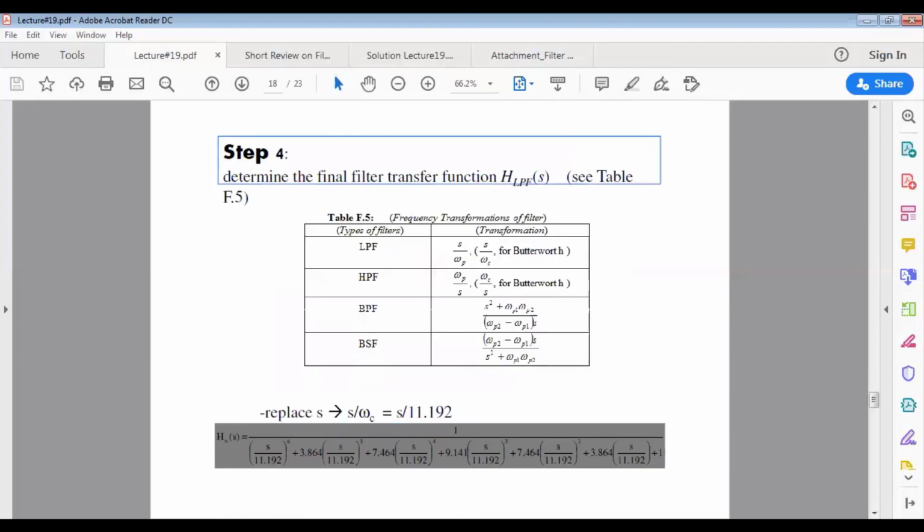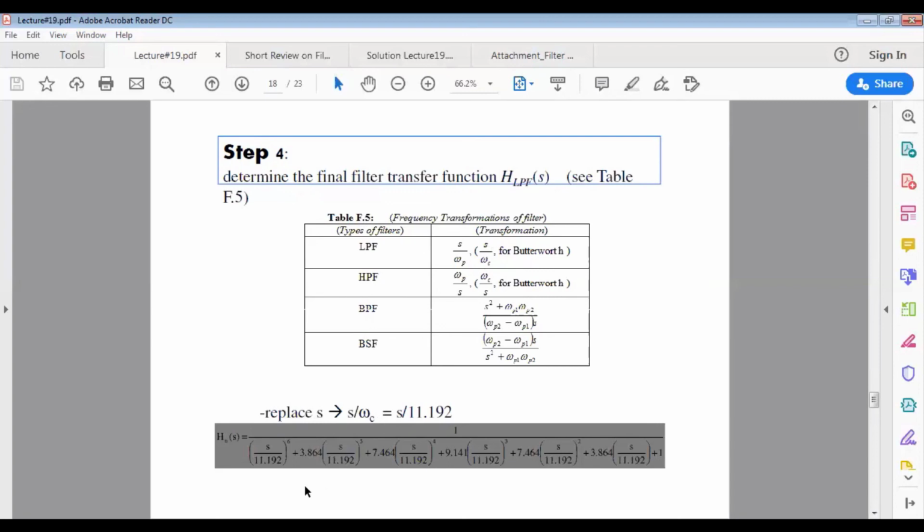Okay, and the final step will be calculating the actual transfer function. That will need to use table F5, and knowing that we are referring to a low pass Butterworth filter, the transformation to be applied is that all the s values need to be transformed into s over omega C. So replace all the s terms with s over omega C for a low pass Butterworth filter, and from step 2 just now we selected omega C equals 11.192.